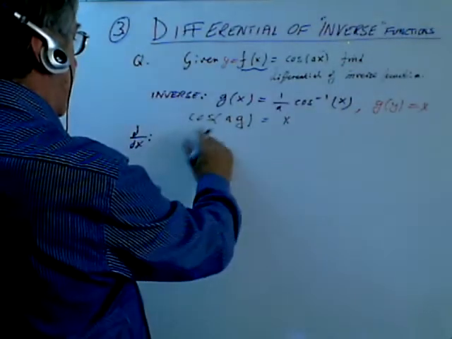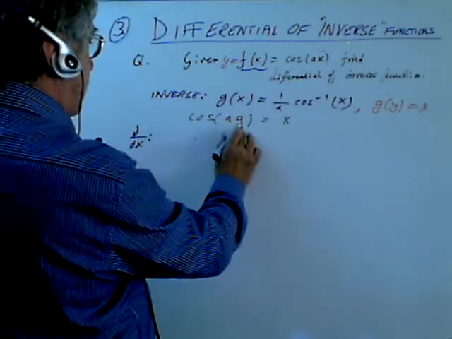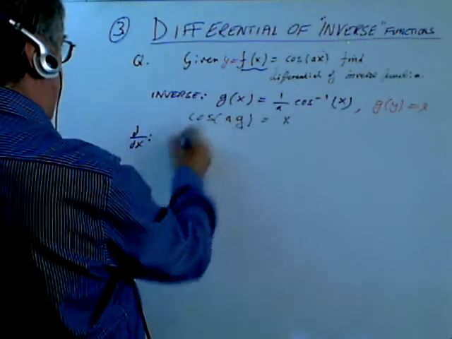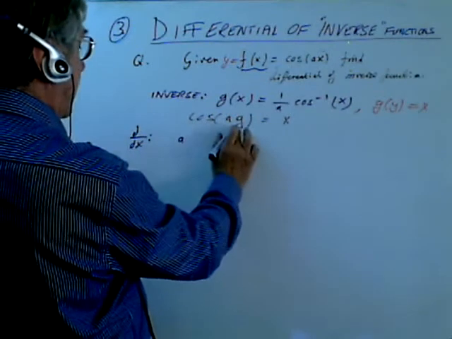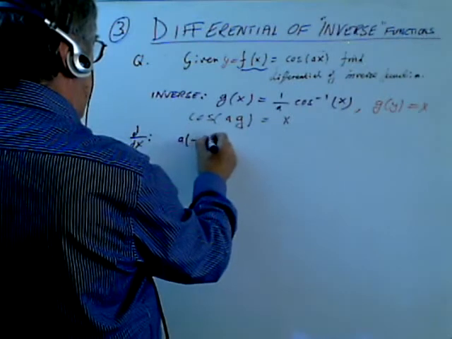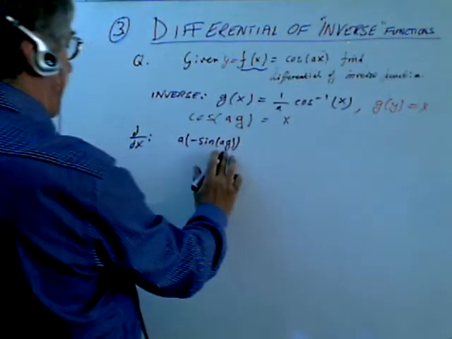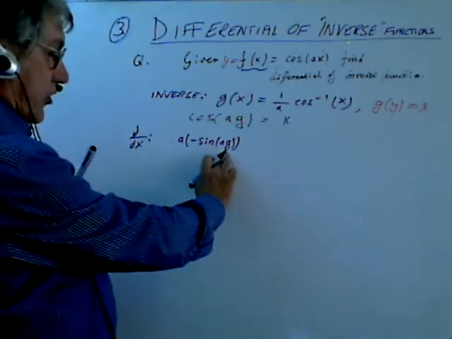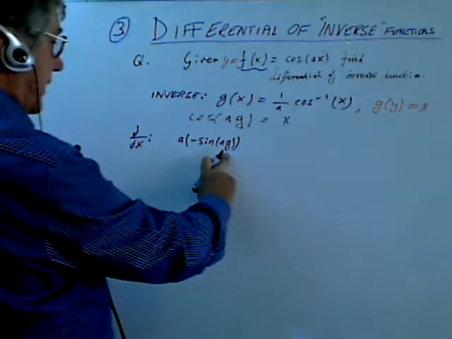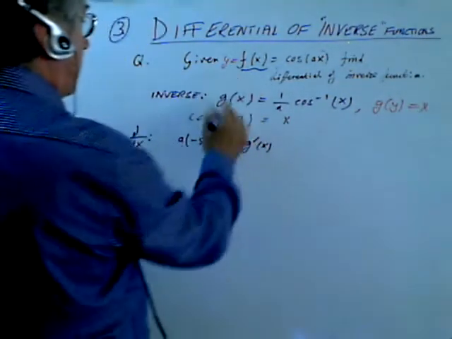So here I have, from the chain rule, because remember g is a function of x, I take the a out, I differentiate the cosine, and that will give me minus sine ag. And then by the chain rule I have to differentiate this function of g, which is simply g dash x, and that's exactly what we're looking for.